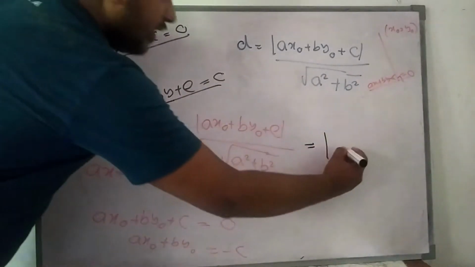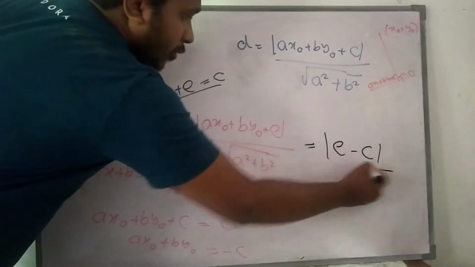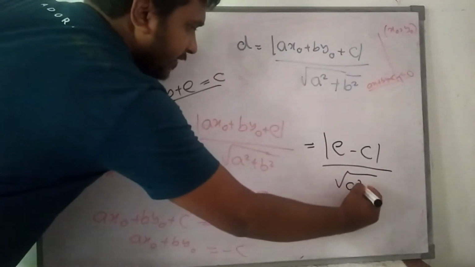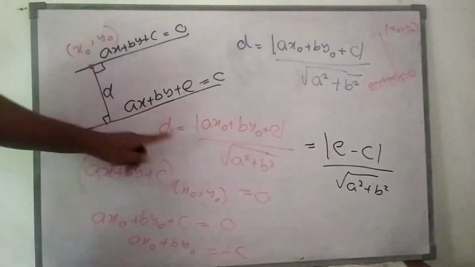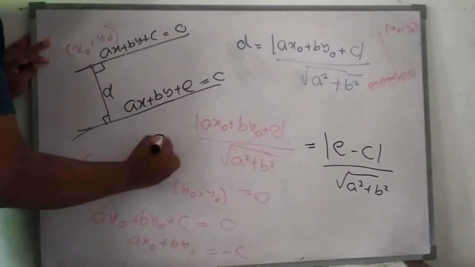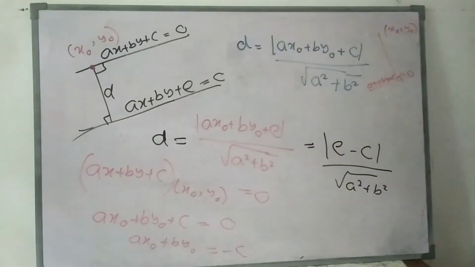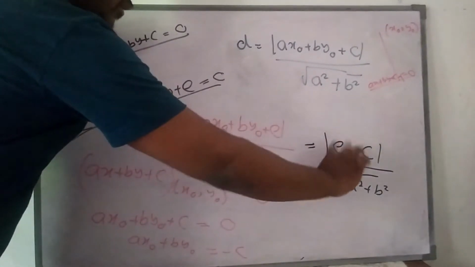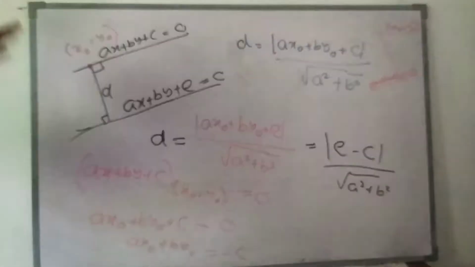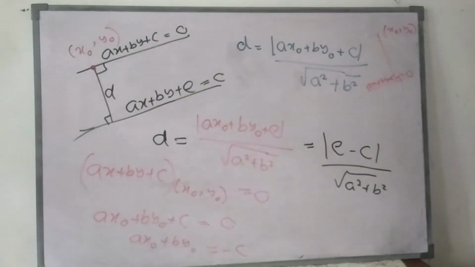Then it's e minus c over the square root of a square plus b square, right? So this is the perpendicular distance between two parallel lines. So this is the proof. It can be c minus e or else e minus c, right? It can be changed because of the modulus sign.